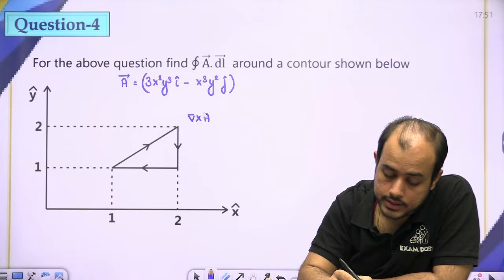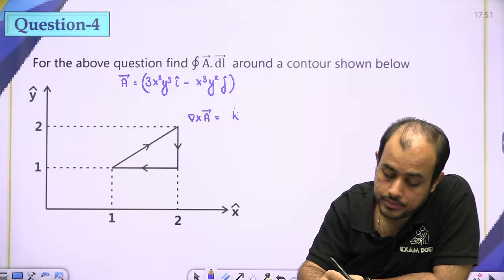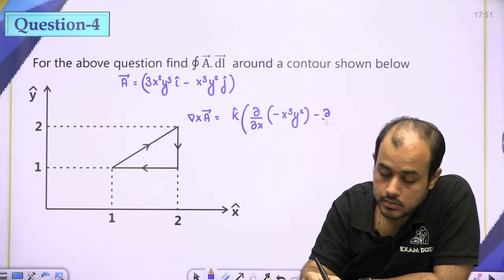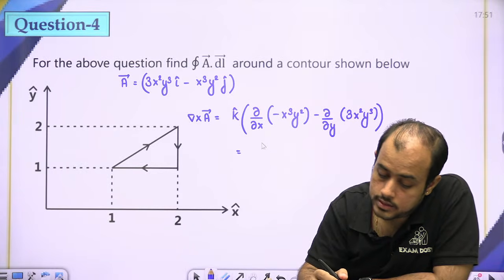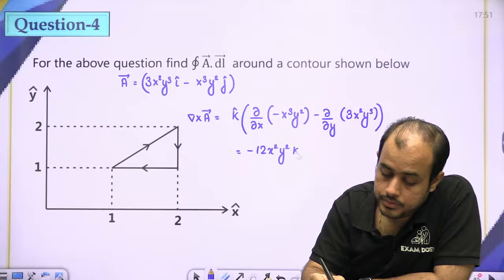Now beta, because it is a closed surface, I must calculate the curl. Minus 3x square y square minus 9x square y square.